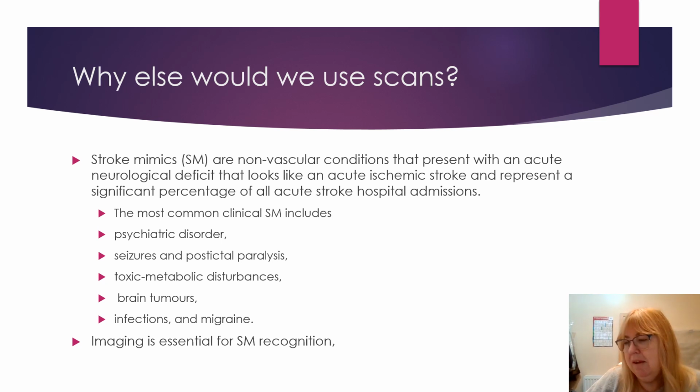But some people have terrible reactions to migraines to the point that it could simulate some of the stroke symptoms. So to rule out some of these stroke mimics, you need MRI generally, or CT at the very least. So a scan of some sort, really.